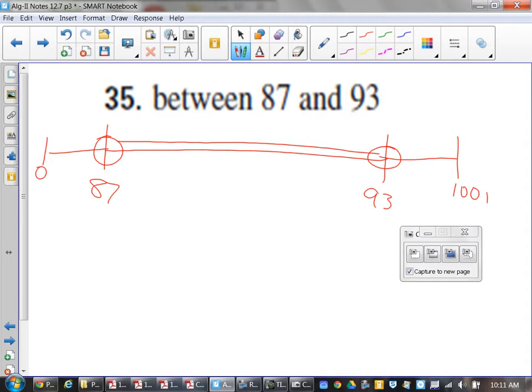In my calculator's CDF function, I would have 92 as the upper bound, because it gives me from 0 all the way up to 92. And then what would I set for my lower bound? 87, because it'll give me from 0 to here, not including what's after it. Does that make sense? So be careful when you look at how it's worded.